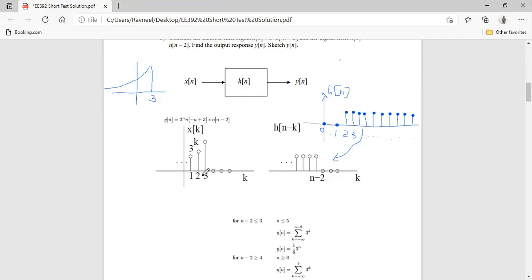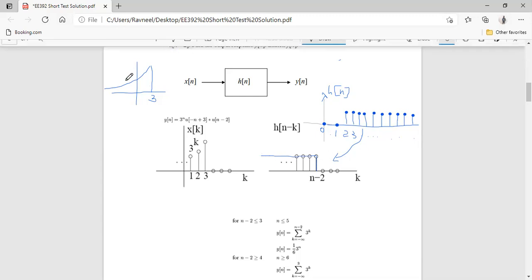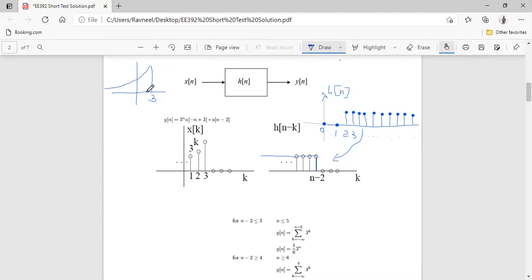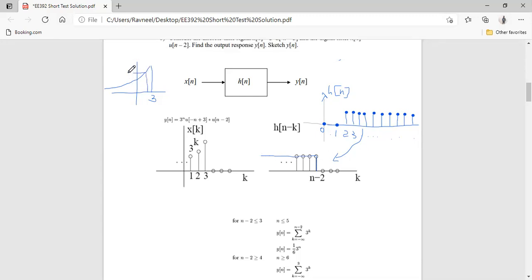So based on this, if I had to roughly sketch it over here, you can see this overlapping portion is just the amplitude of 1 multiplied with the amplitudes of this particular graph, that is x of k.